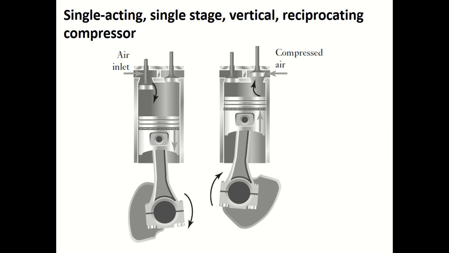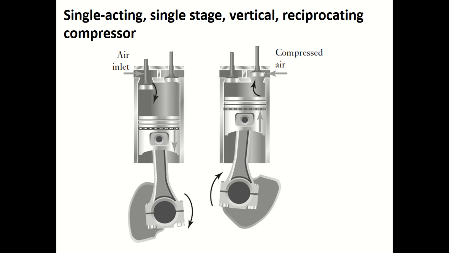Reciprocating piston compressors can be used as a single stage compressor to produce air pressures up to about 12 bar, and as a multi-stage compressor to produce pressures up to 140 bar.